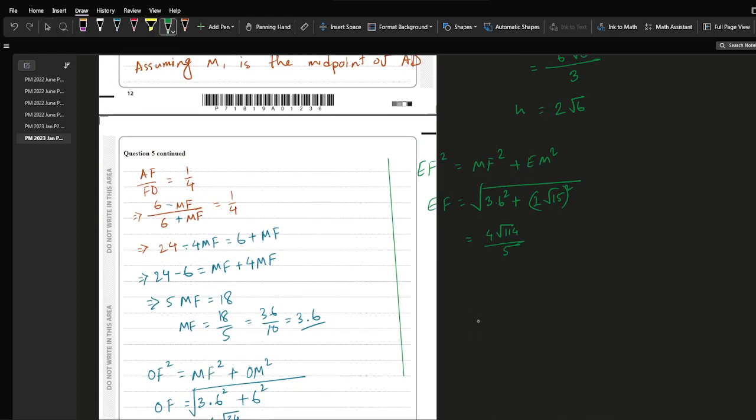By the way, MF you still have to find. If you go with this method, you still have to find MF and then find EF. So let's draw the triangle. This is O, this is F, and this is E. OF we haven't found in this method.